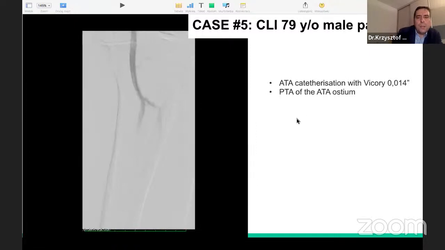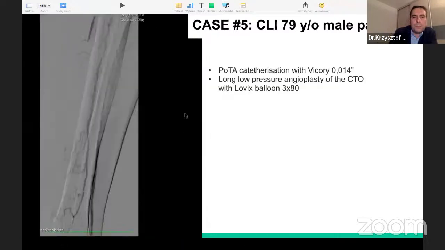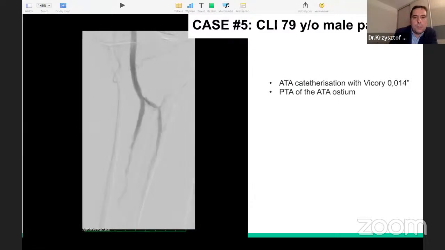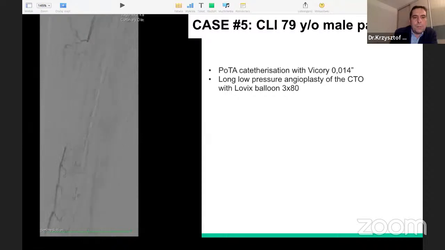First, we catheterized the ATA with Victory 0014 and made an angioplasty. And then we tried to reopen that artery, this occlusion, the posterior tibial.